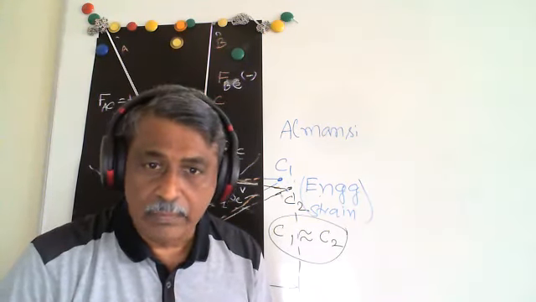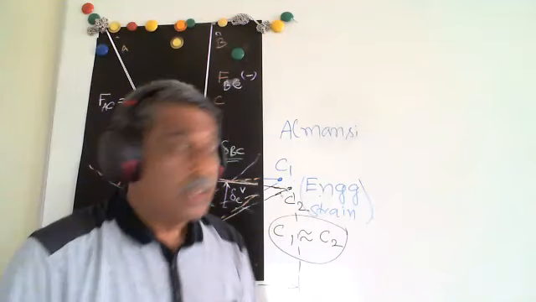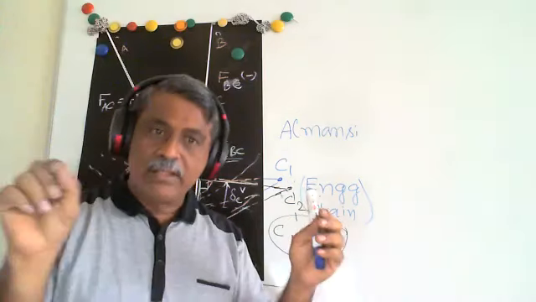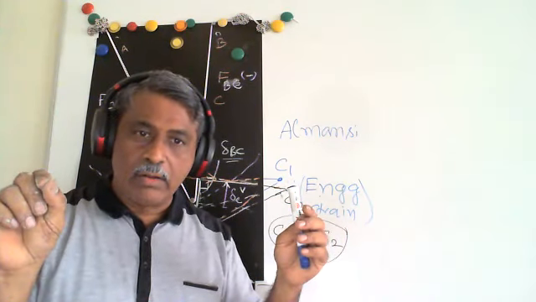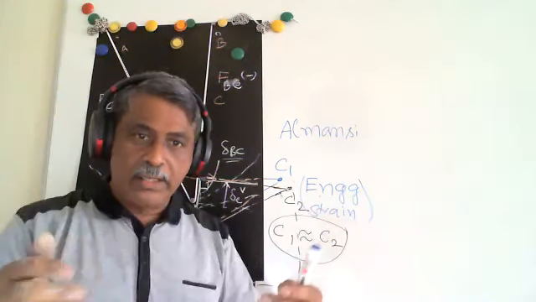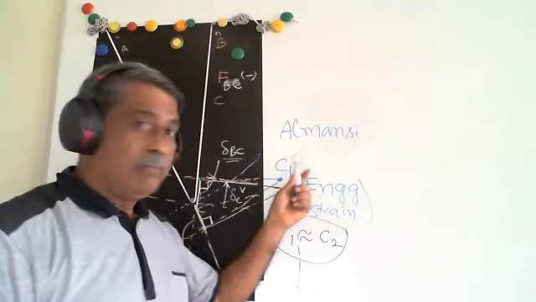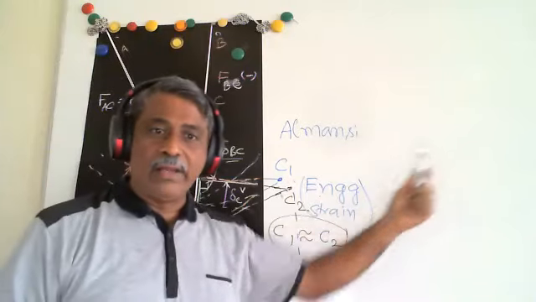Almansi strain, on the other hand, you will go step by step, infinitesimally change the elongation, find out the strain, and so on. It is basically in integration you will do from the original length to the final length.